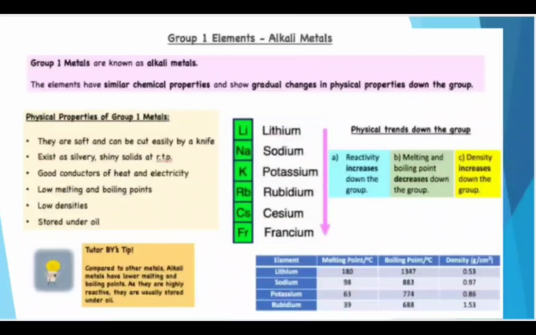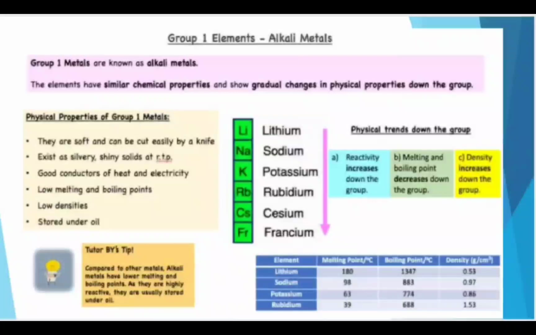So children, that's not all that you need to know about this chapter. We have to know about our group 1 metals, group 2 elements, group 7 and group 8 elements in detail. So here we go.